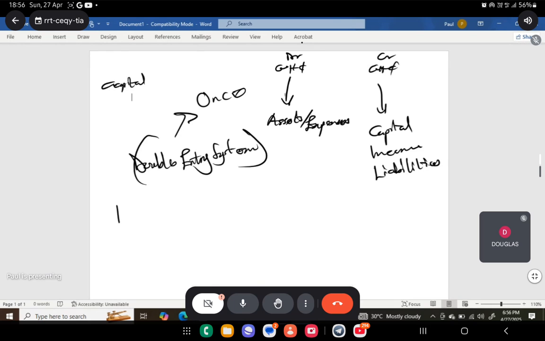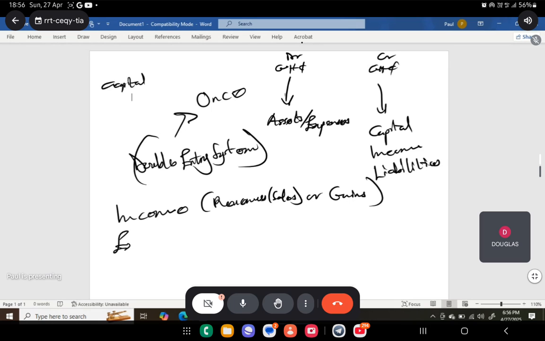So if it is income, and we all know that income is revenues or what we call sales or gains, that's other income, or if it is expenses, these two will be treated in the income statement.